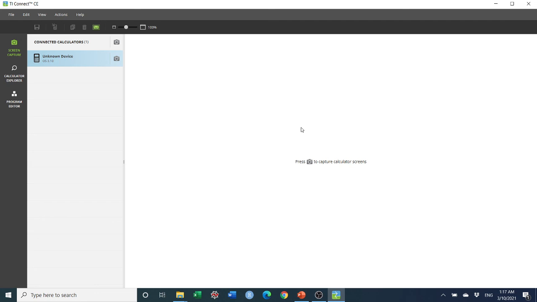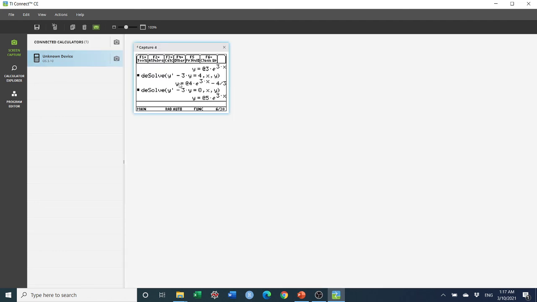This is the formula to find the answer: y prime minus 3y equals 0, x, comma, y.